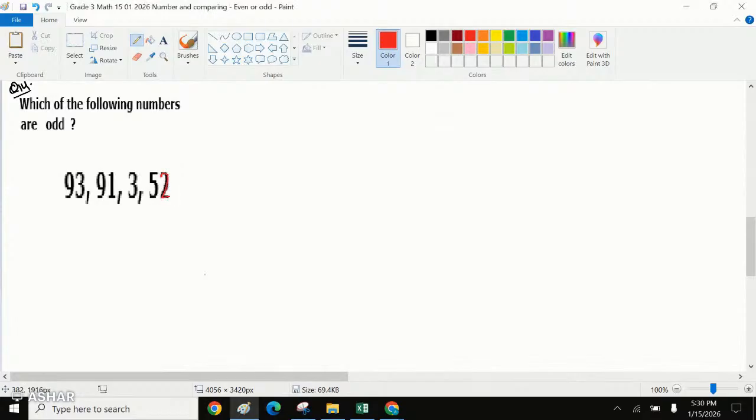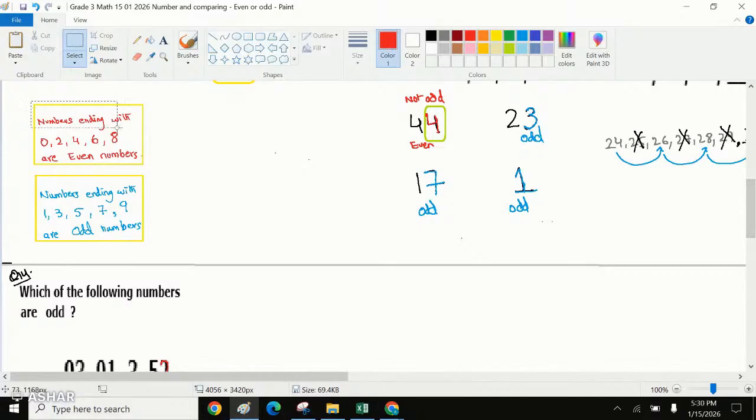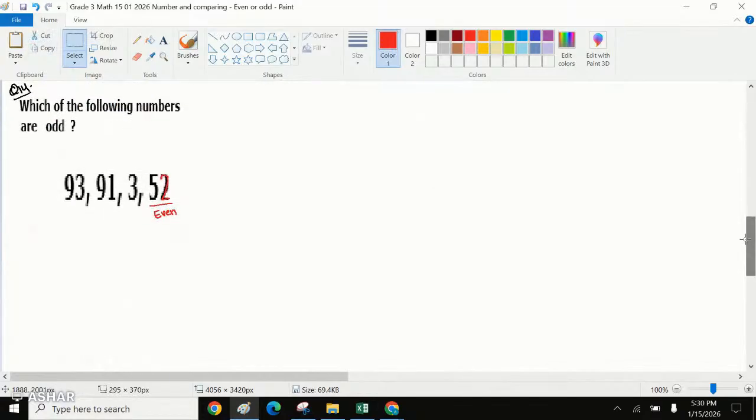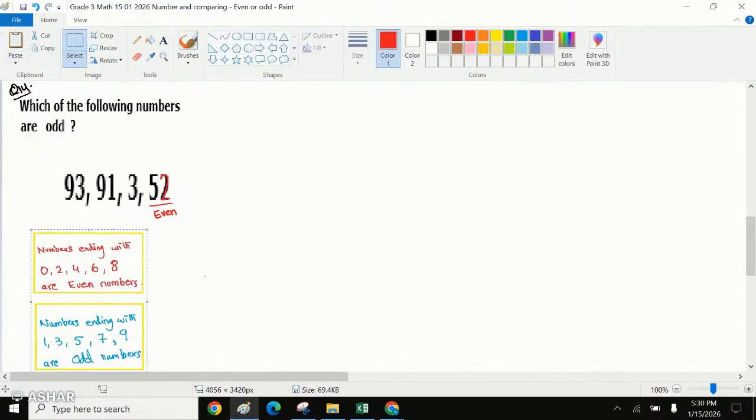This is even, right? Why? Because we know the rule for even and odd numbers, that the number ending with 0, 2, and so on is even. What about 93? 93 ends with a 3, that would make it odd.